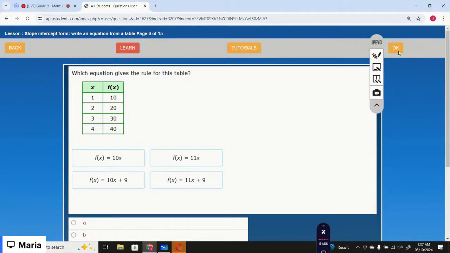The correct option is, sorry, f of x equals 10x. Option number 1 is the correct option. That is f of x equals 10x.